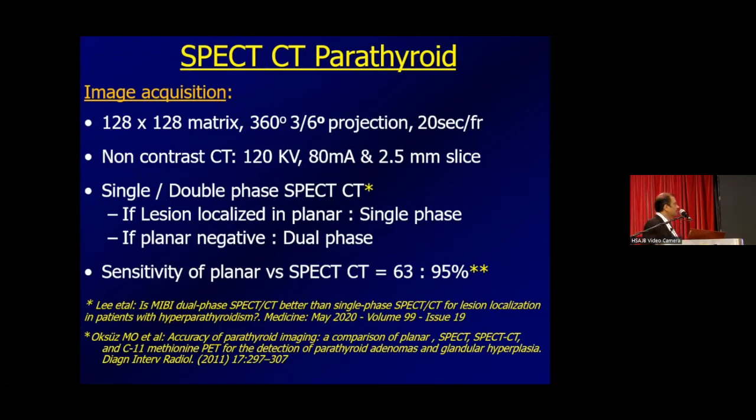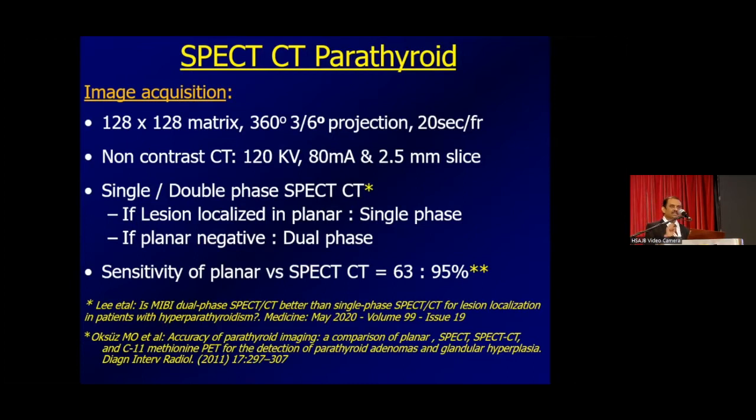Also, technically, you should know when to do a SPECT-CT. Ideally, you can do a dual phase. That means you will be doing SPECT-CT twice during the imaging, initial and also delayed. You will prefer this when the planar scan is negative, or when you know that the previous planar scan is negative; then you will be doing a dual phase, meaning the SPECT-CT will be done both during the initial and delayed scan.